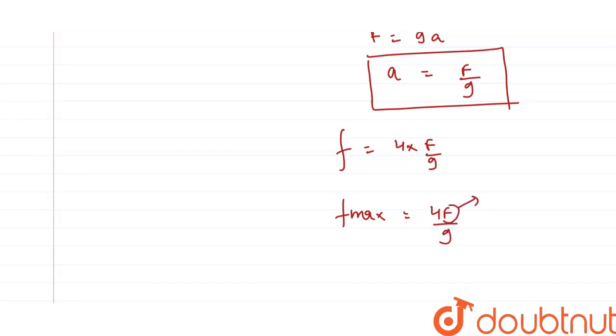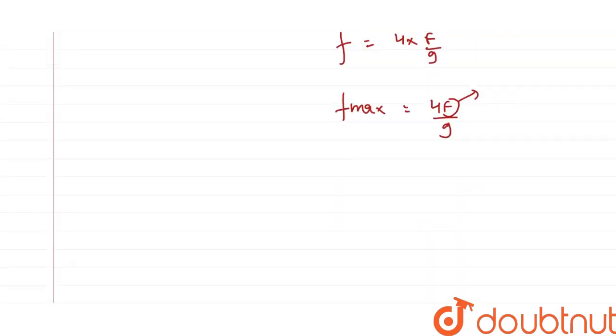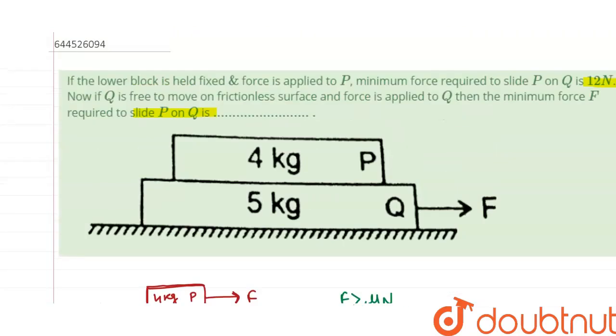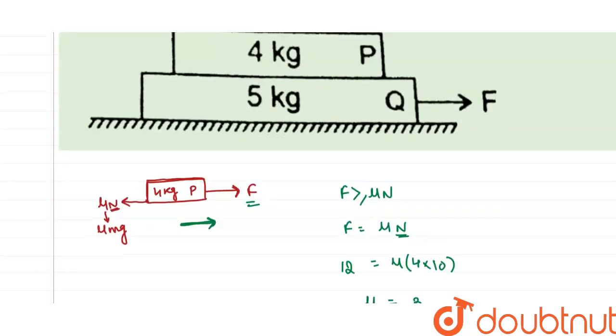So when I put the value of F, I can find the friction force: 4 by 9 into capital F. The value of capital F is given as 12 Newton, the minimum force required to slip P on Q. So the value comes out to be 27 Newton. This is the minimum friction force which is required to slip P on Q, which is 27 Newton.